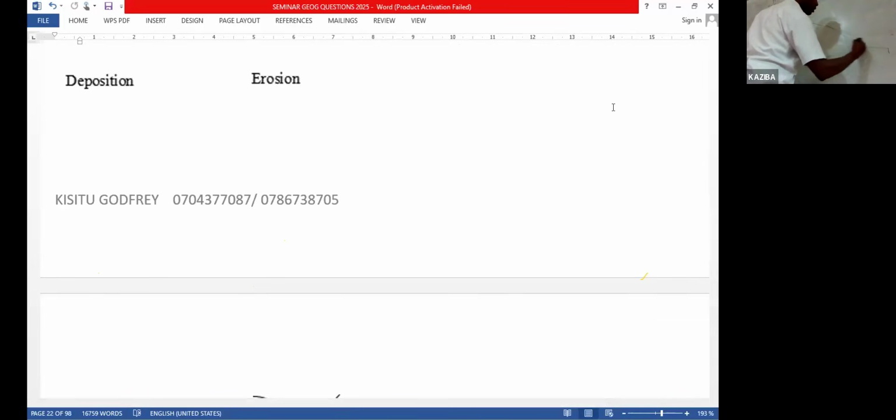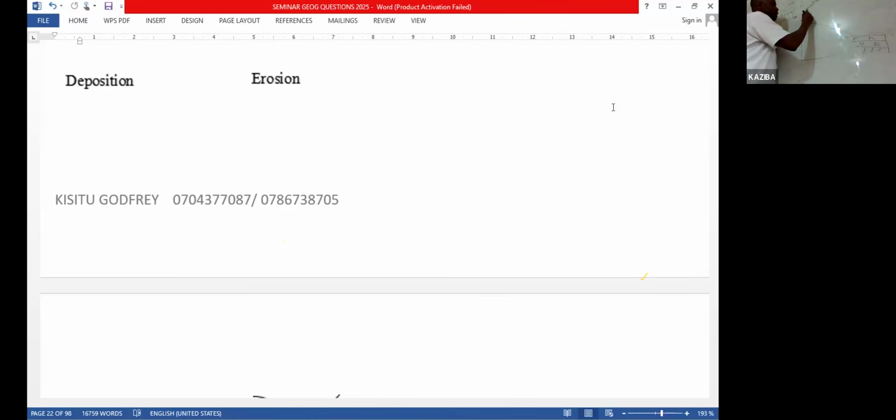Then you have layers here. Now the first process is weathering. Weathering takes place here, and the weathering is caused by agents of weathering.